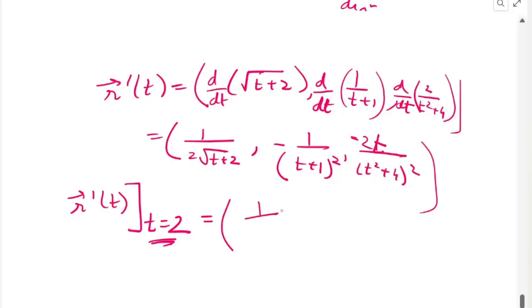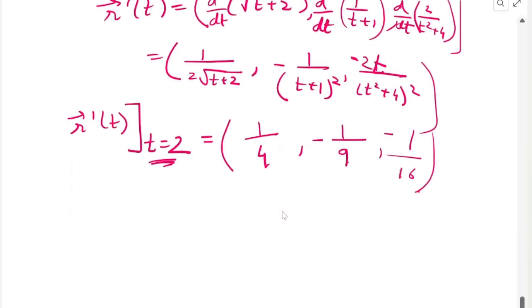So 2 into 2, so 4, and here 2 3 9, and here minus 2 into 2, then 2 square, 4 plus 4, 16, 8, so 64. So here ultimately you will be getting 1 by 16. So this is your r dash t.